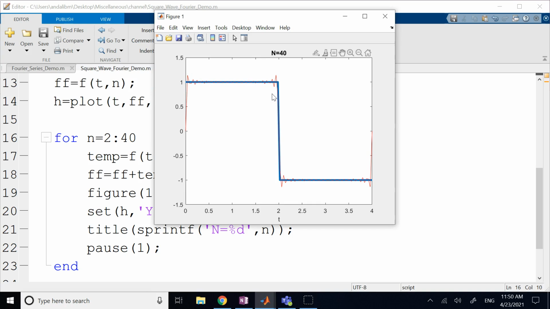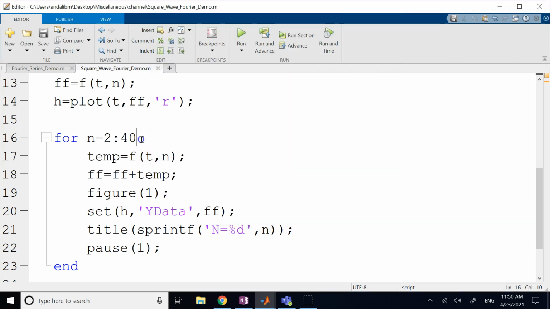Also, on these corners we have this ringing effect that I don't want to get into in depth, but know that the sharper corners your function has, which means it doesn't have derivatives at some points, the higher the number of terms you need to match it.